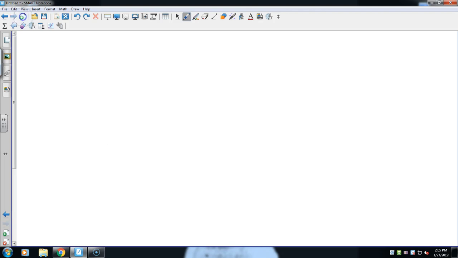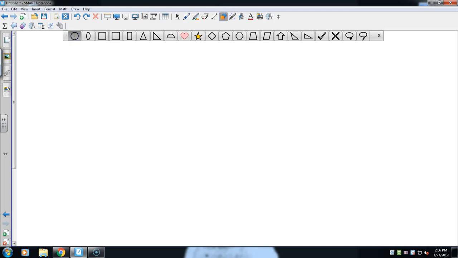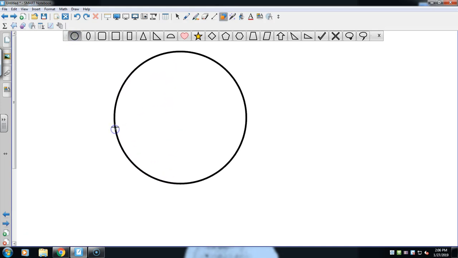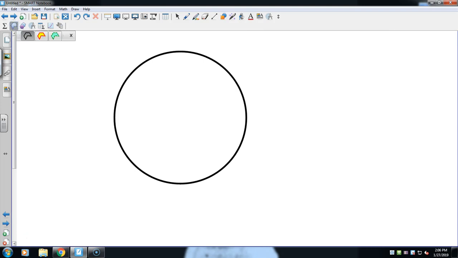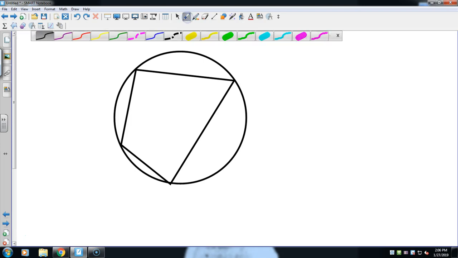So next, they're going to inscribe polygons. And so we could see, let me use this little feature. Let's say I put that in there. And I'm going to go ahead and give it some labels.